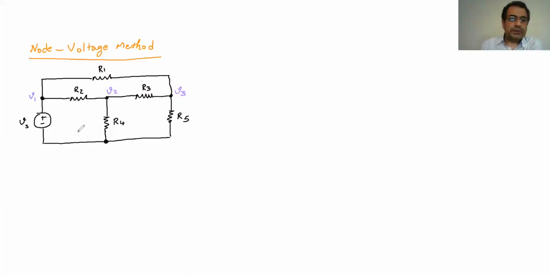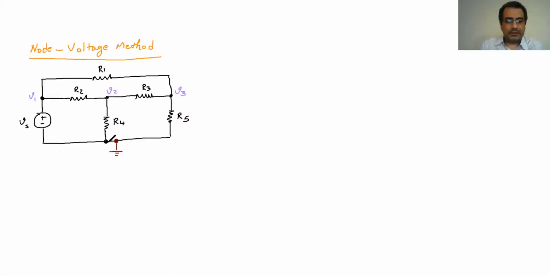In other words, you can choose any node in the circuit as your reference, but if you have a node connected to your source, try to use that one as a reference. So we can choose this node as a reference. I'm going to draw it a little differently from the book, but the book says, okay, I choose the reference node here.